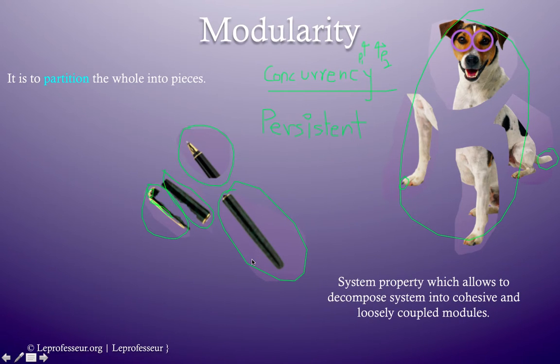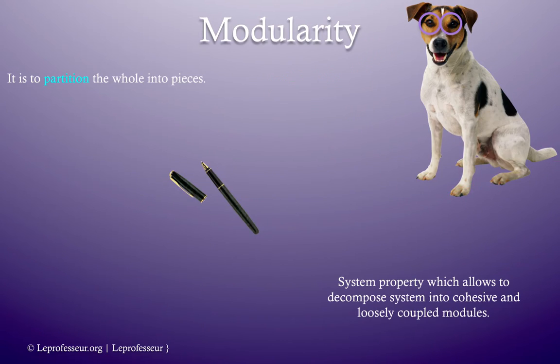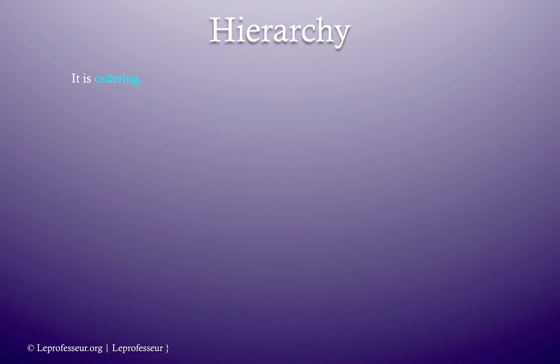So remember, modularity is the property of a system which allows you to decompose the system into cohesive and loosely coupled modules. And then your whole system is fine. Now let's talk about hierarchy.